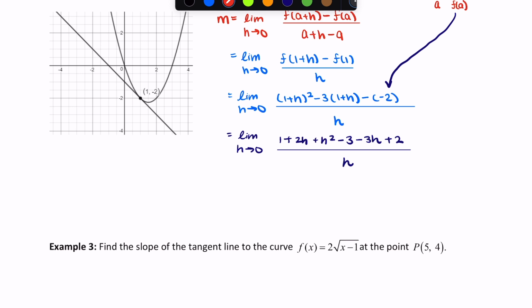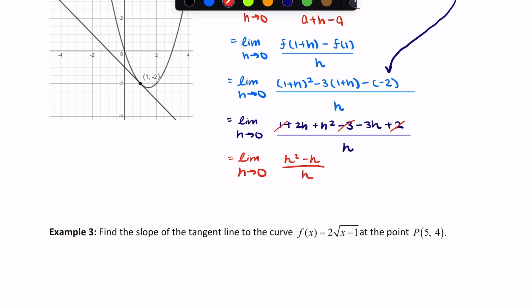So we can cancel out 1 plus 2 and negative 3. So positive 3 and negative 3, those will cancel out. And here, we'll be left with h². So collecting our like terms, we'll be left with h² − h over h.